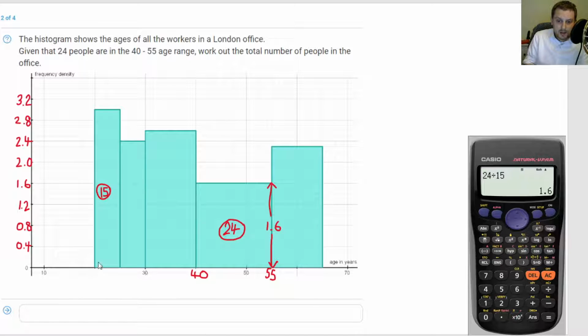So I'll say that again, 5 wide, 3 tall, so the area is 15, which, because it's a histogram, is the frequency. Next one, 2.4, it's exactly on the 2.4 line, times 5. So on the calculator, I'll do 2.4 times 5, which is 12.